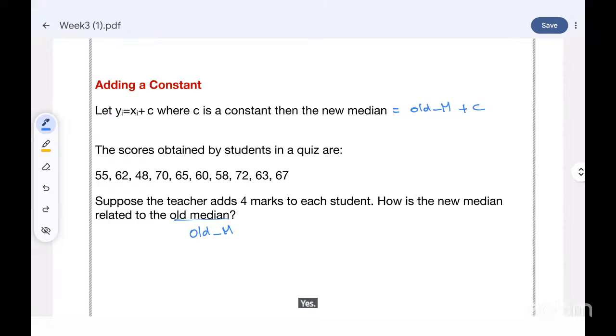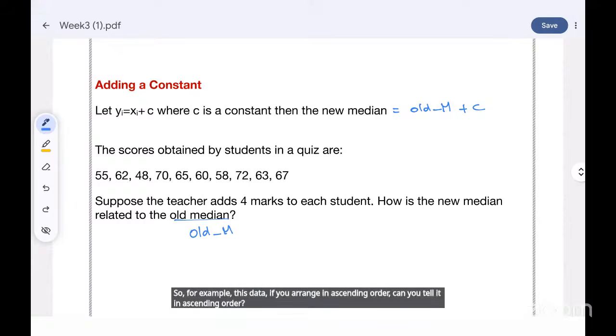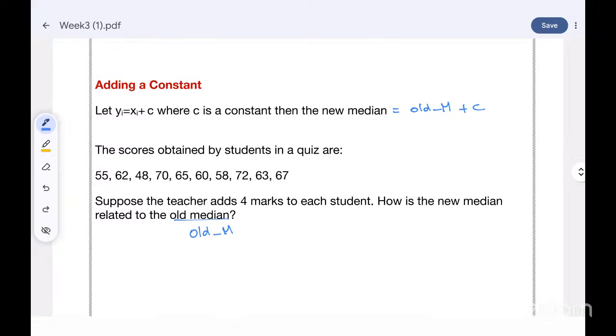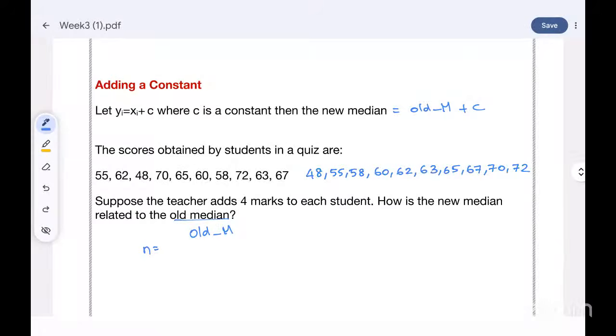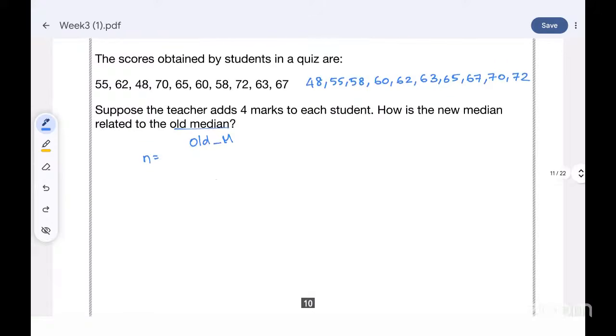So for example, this data, if you arrange in ascending order: 48, 55, 60, 62, 63, 65, 67, 70, 72. What is the N here? N is 10, an even number.